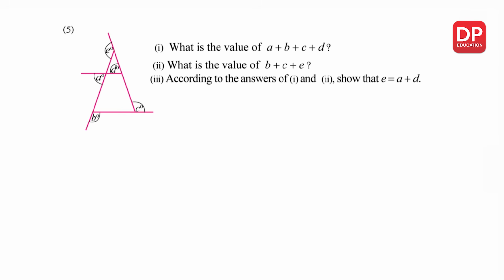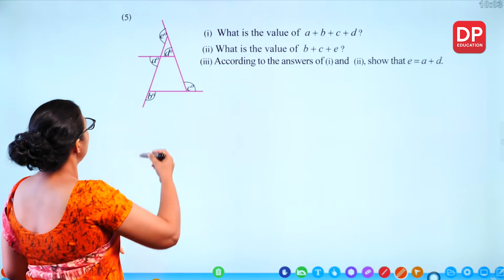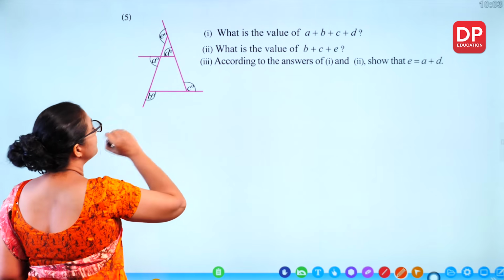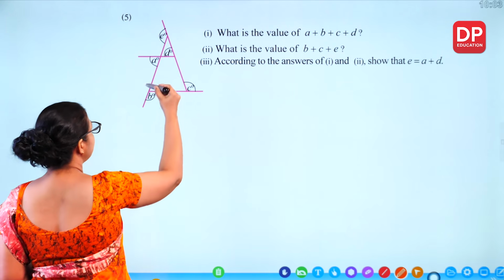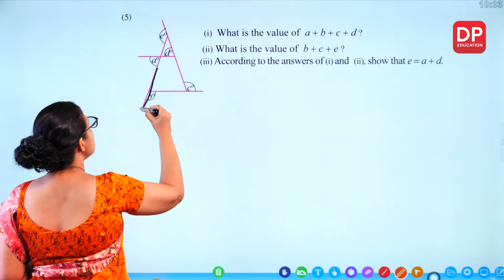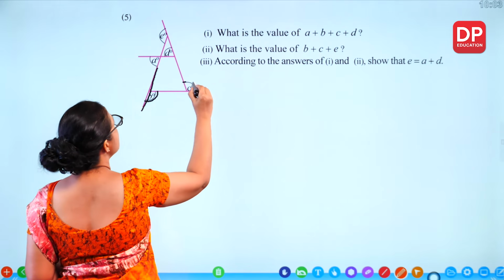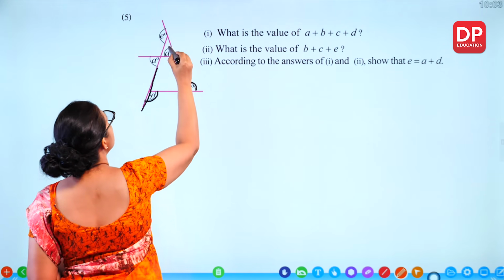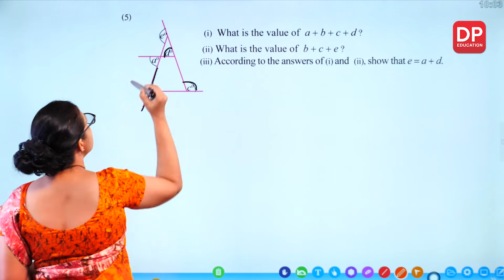Question number 5. What is the value of a plus b plus c plus d? We'll see whether these are exterior angles. When you extend this line, you get this one. Here, this is exterior and this is exterior and this is exterior.